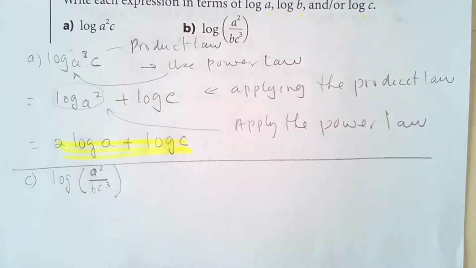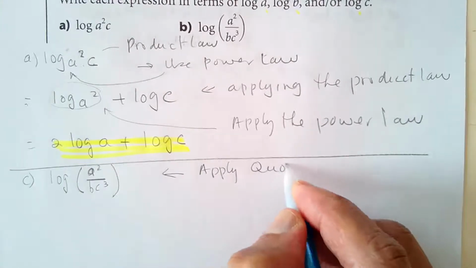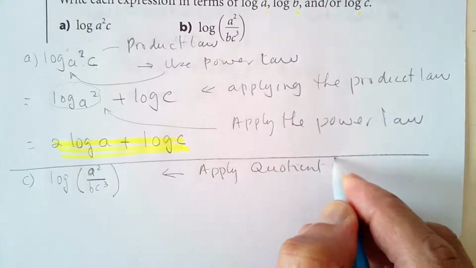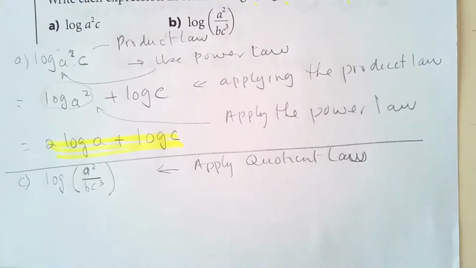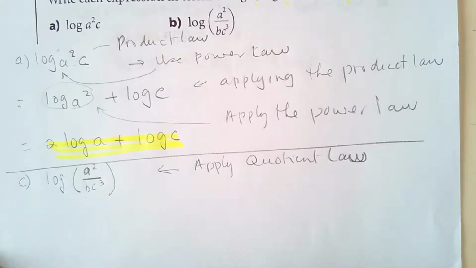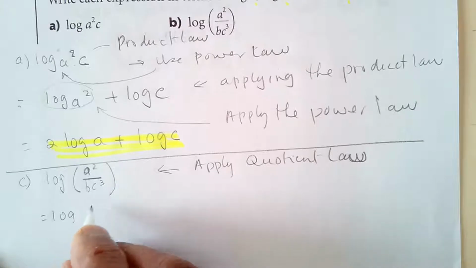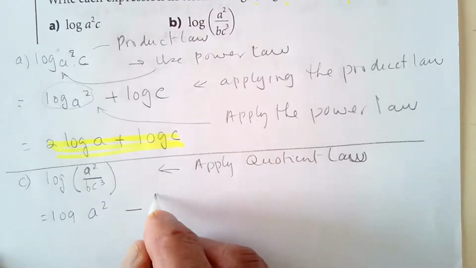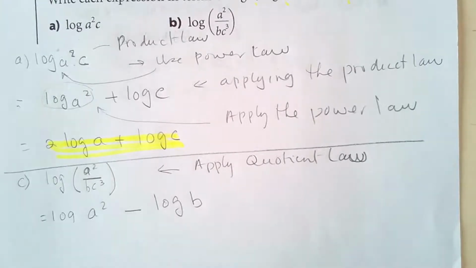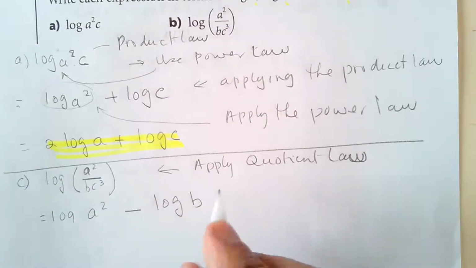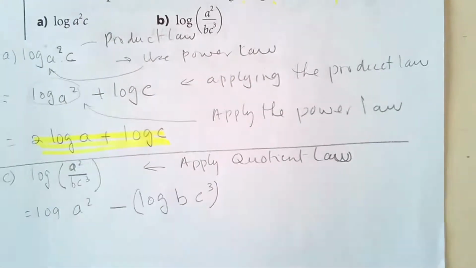Because we're dividing, we're going to apply the quotient law. So we have equals log of A squared minus log of B C cubed. These together have a bracket around them.